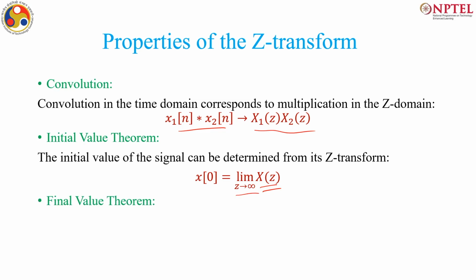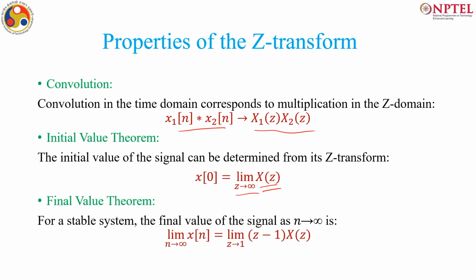Similarly, if I want to find the final value, this is the final value theorem: limit of x of n as n tends to infinity is limit as z tends to 1 of z minus 1 times capital X of z. So, this is the definition of the final value theorem for a stable system.